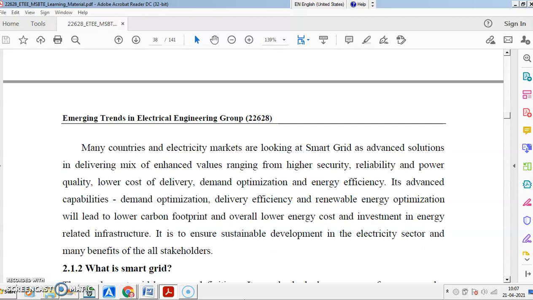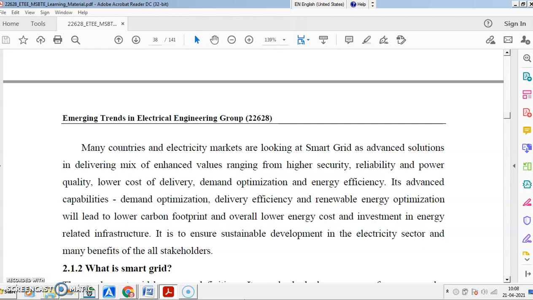Especially the grid is for a sustainable power system, which normally offers the consumer more reliable power supply, reduces losses, and increases the efficiency of transmission. So this is the concept of the conventional grid.